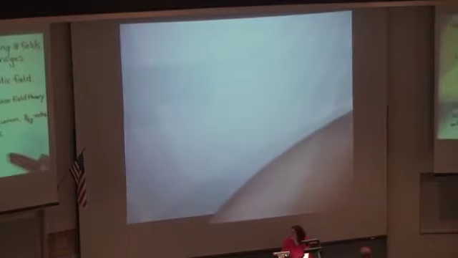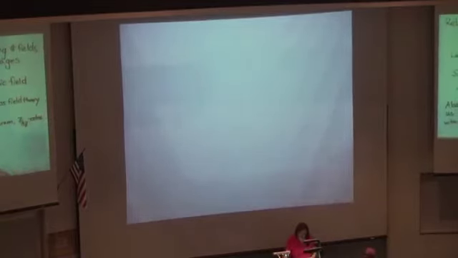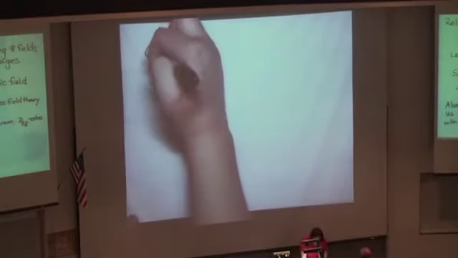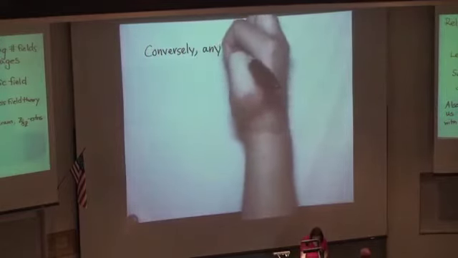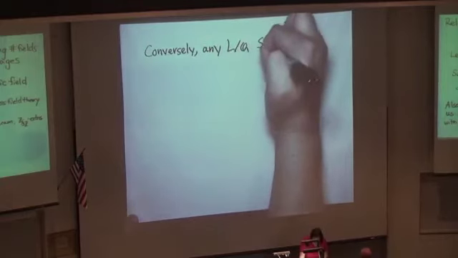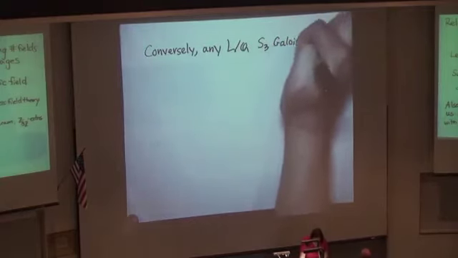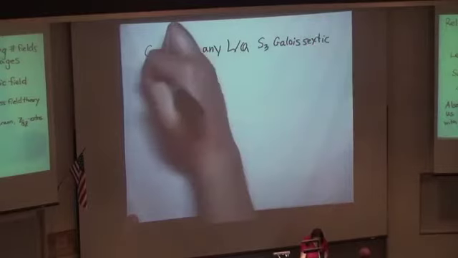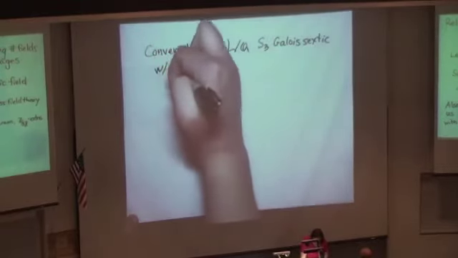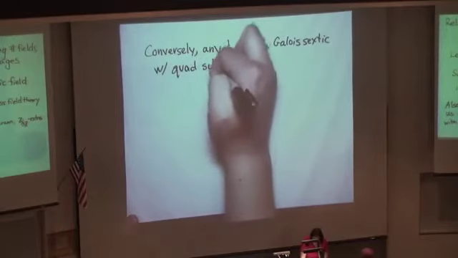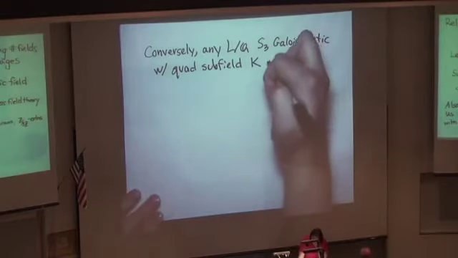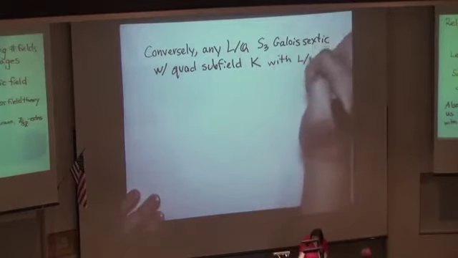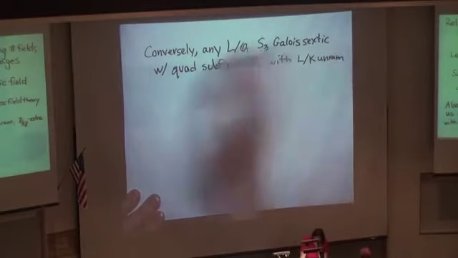So to actually realize that that's the exact counting question we have, we also have to note that conversely, any L over Q S3 Galois sextic with quadratic subfield K with L over K unramified arises this way.